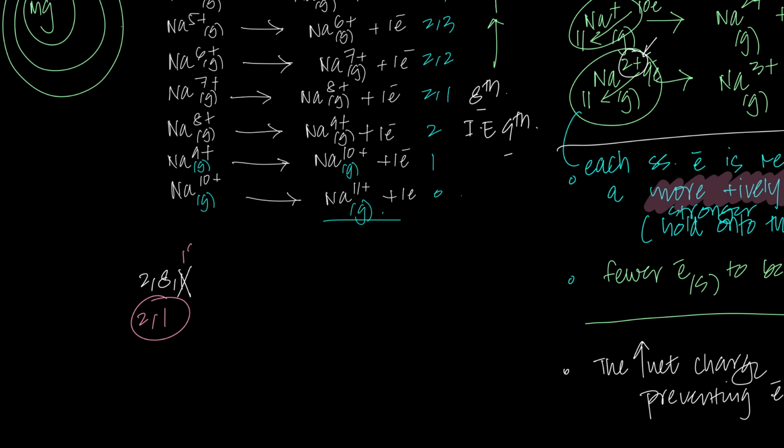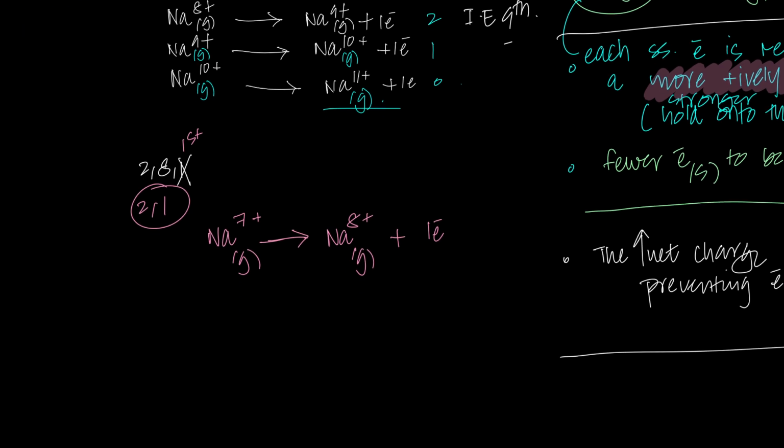This was the first, and if I were to talk about the eighth ionization energy, it's Na 7+ gas going into Na 8+ gas and removal of the electron, right? Now I have 281, because all 8 are not removed here. One of those 8 electrons is removed here. So if one is removed here, the remaining 7 are removed from this, and you get 2, 1 right here.